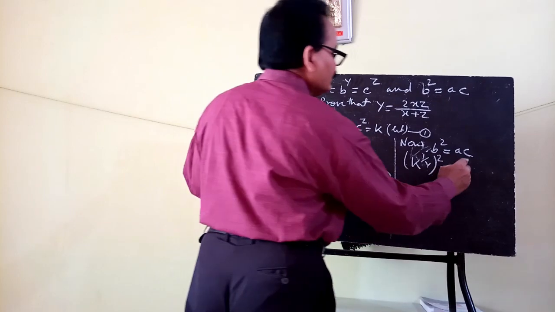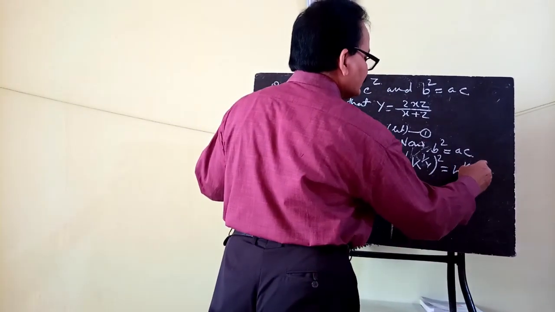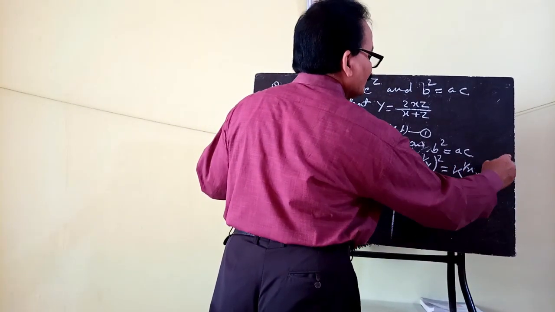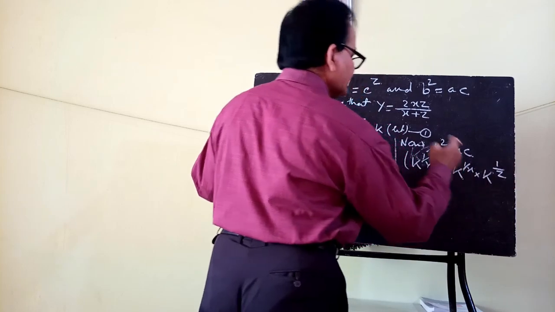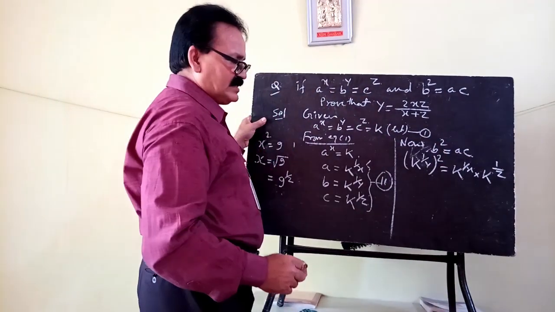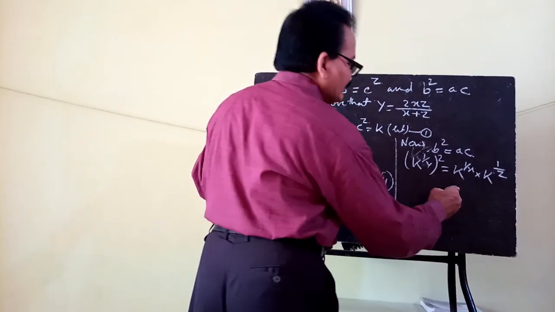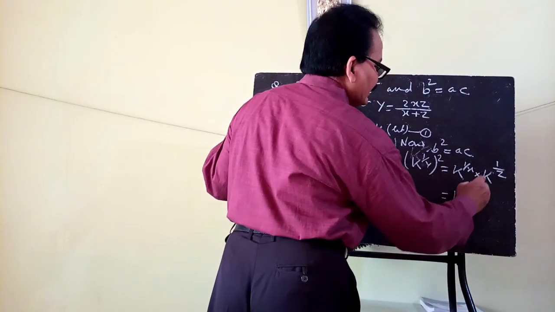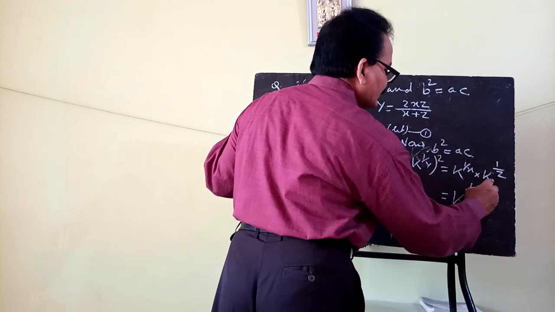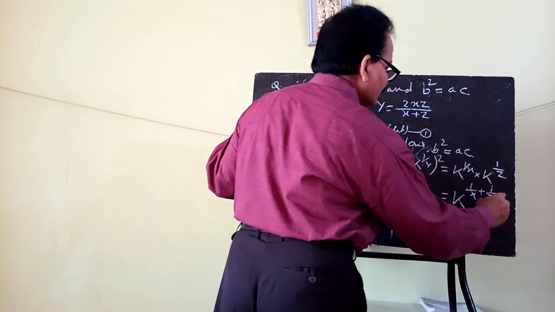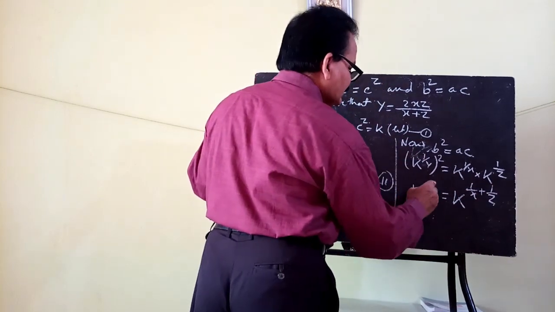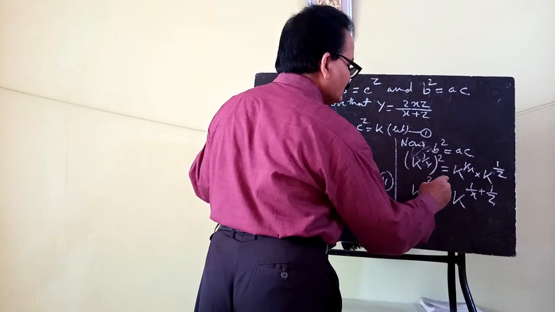Here a is k to the power 1 by x into k to the power 1 by z, c is k to the power 1 by z. In this case, bases are the same, so the powers are added. So this is k to the power 1 by x plus 1 by z. And on the left side, this is k to the power 2 by y.